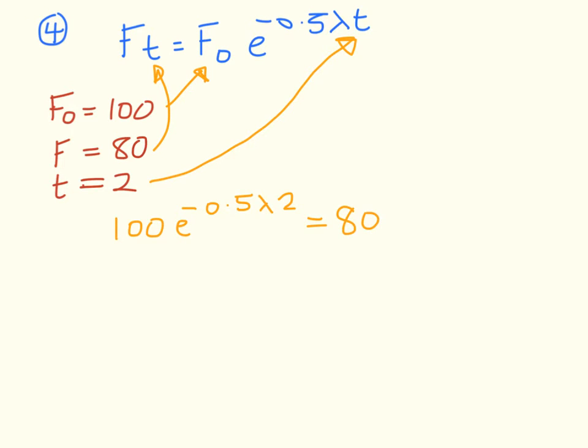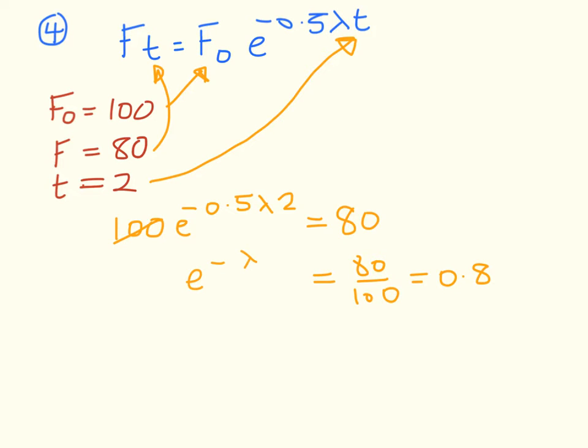Now if I tidy this up a wee bit, so take the 100 off this side over here, then it becomes 80 over 100, which is 0.8. And if I then multiply the negative 0.5 with the 2, I end up with e to the negative lambda.